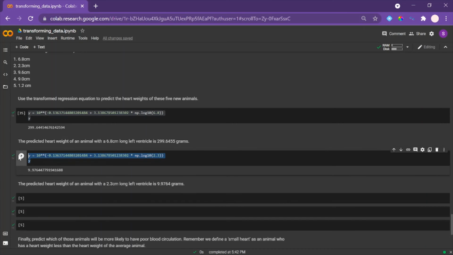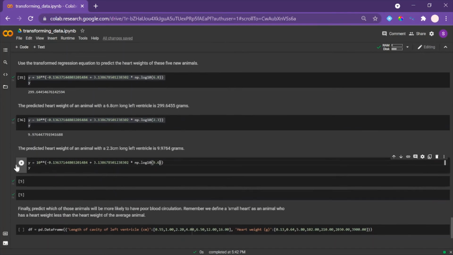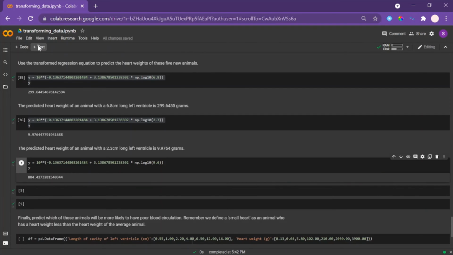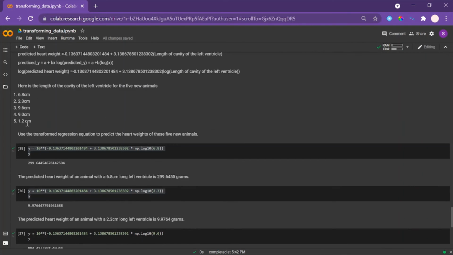Okay, now moving on to the next one. So the next one is 9.6. Predict that. So this one, wow. We can say that the predicted heart weight of an animal with a 9.6 centimeter long left ventricle is 884.4273 grams.